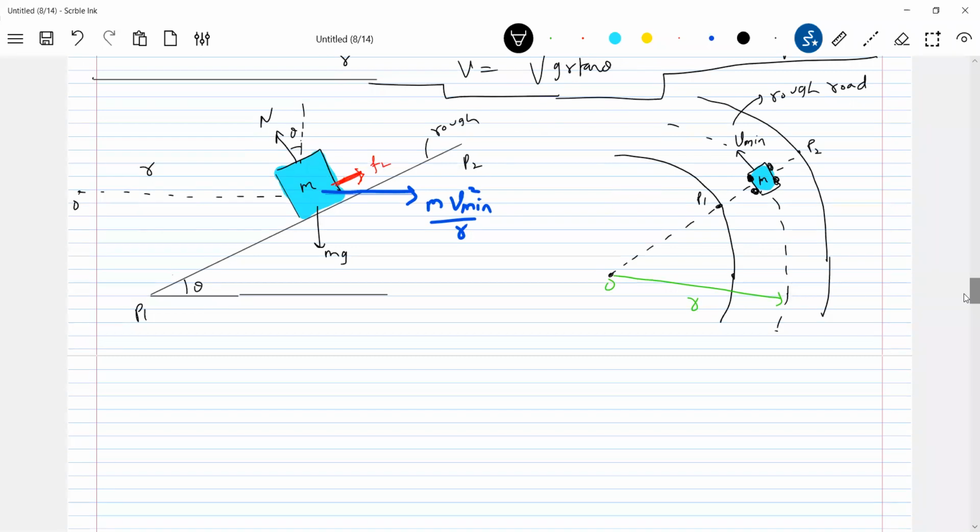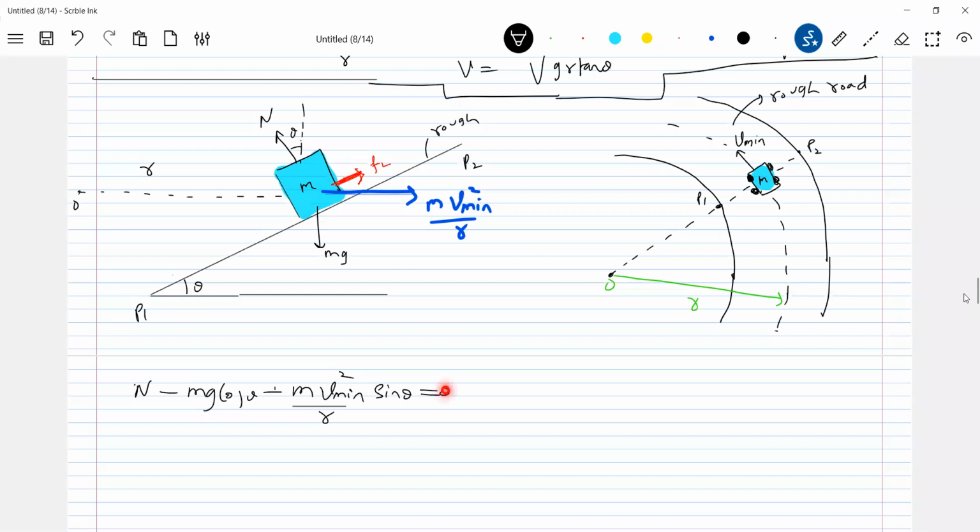So let's start like this. Along the perpendicular, the normal contact will be N minus mg cos theta minus m v minimum square by r sine theta. Can you remember this? We have done so many problems now, just resolving m v minimum square by r.